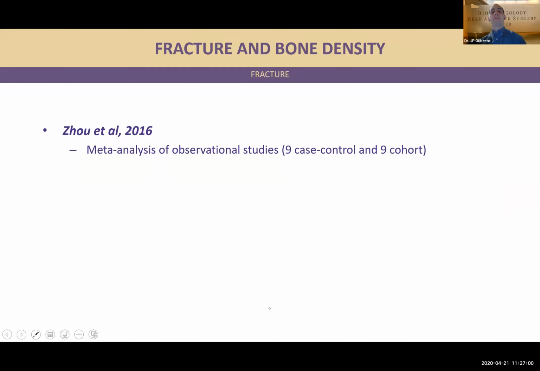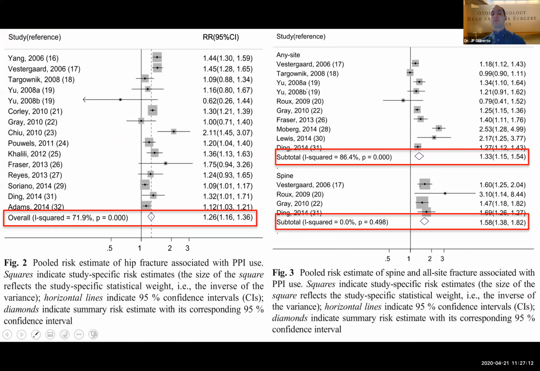However, if you look at some of the best data that we have for fracture risk, this is a meta-analysis of 9 case control and 9 cohort studies. We see that there is pretty significant and consistent risk of any site fracture, which is over here on the right, or hip fracture over here on the left, or spine fracture.